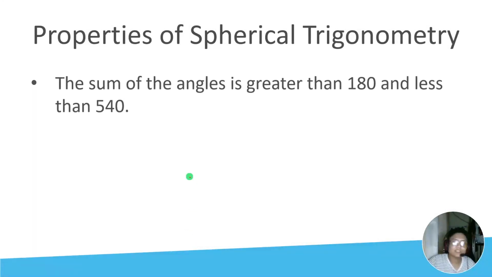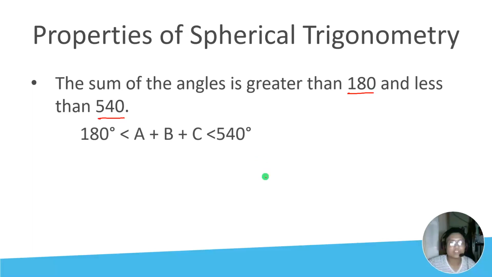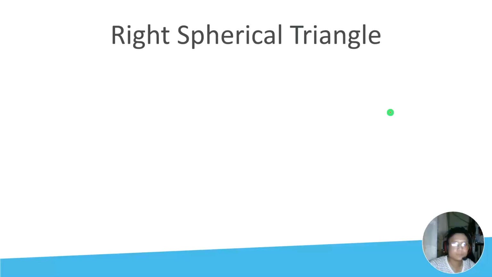Then, the sum of the angles is greater than 180 and less than 540 degrees. So, that is the range of the sum of our interior angles. Unlike in plane trigonometry where the sum of interior angles should be exactly 180 degrees, here in spherical trigonometry, it should be greater than 180 degrees and less than 540 degrees.